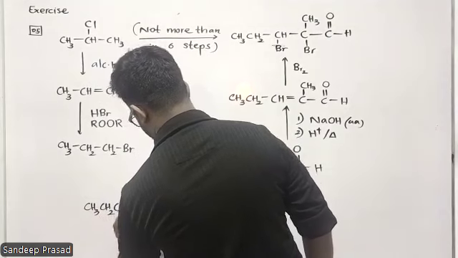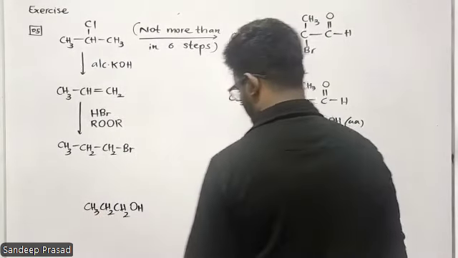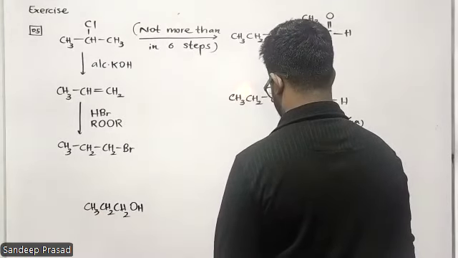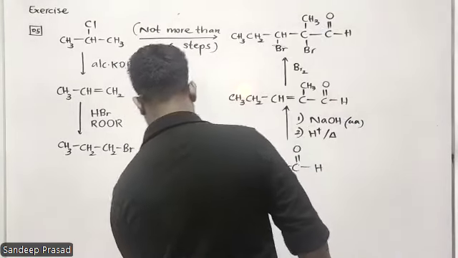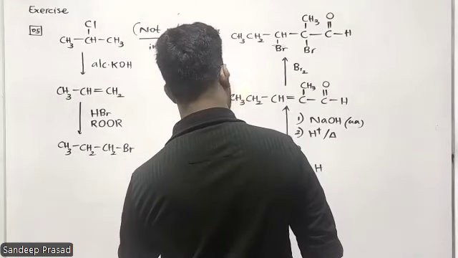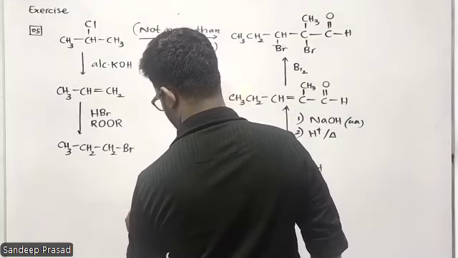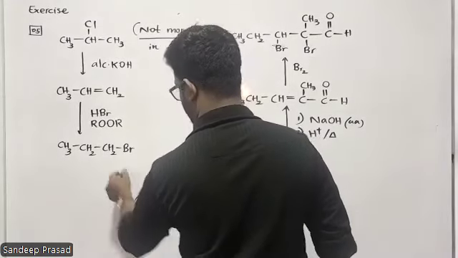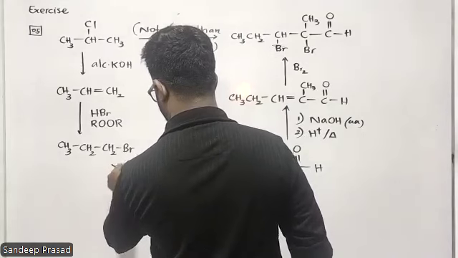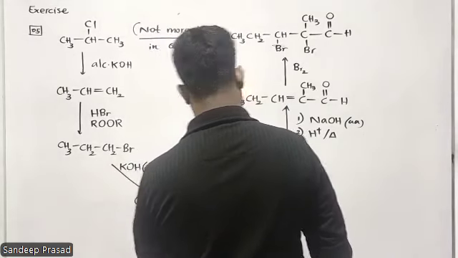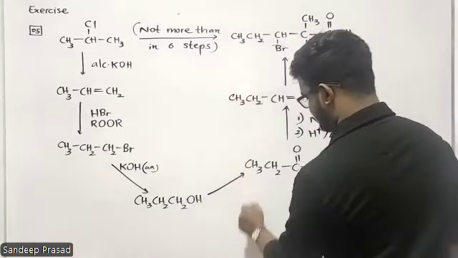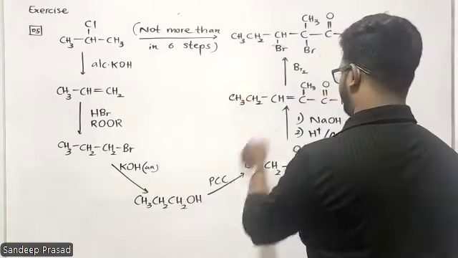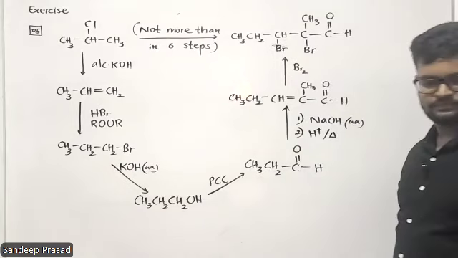Then I have this kind of alcohol. Yeah, I can go through aqueous KOH and then PCC. 1, 2, 3, 4, 5, 6. 6 steps are there.